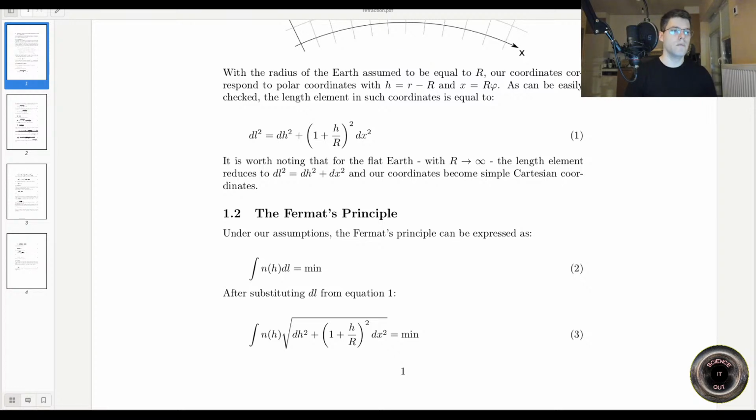So you might have already heard with regards to refraction about Snell's law. Snell's law basically describes how a ray is being refracted on a boundary between two media. Well, Fermat's principle is in a way equivalent to Snell's law, but it's more general, it fits more general cases more rigorously.